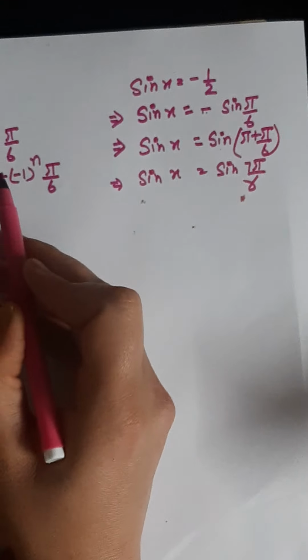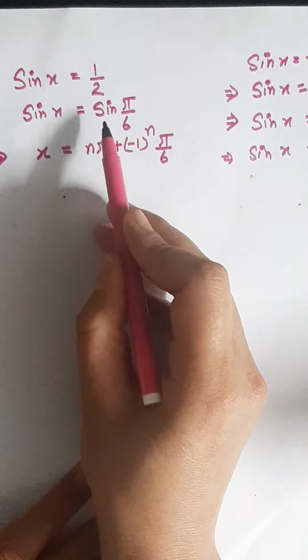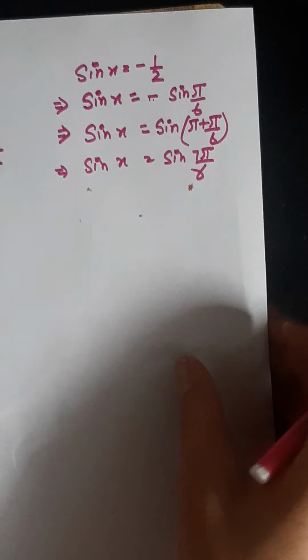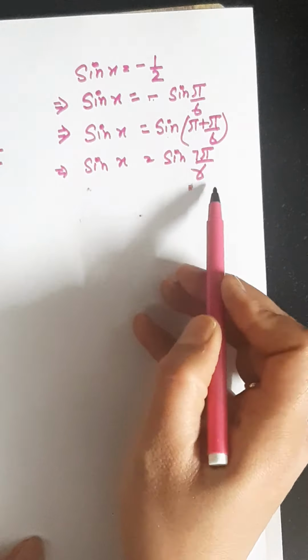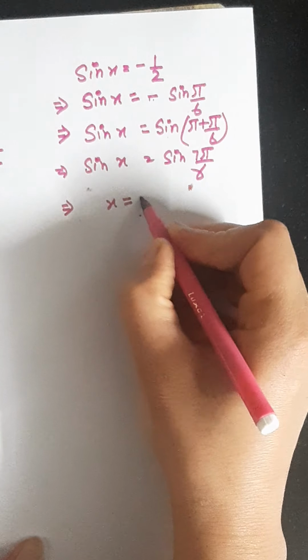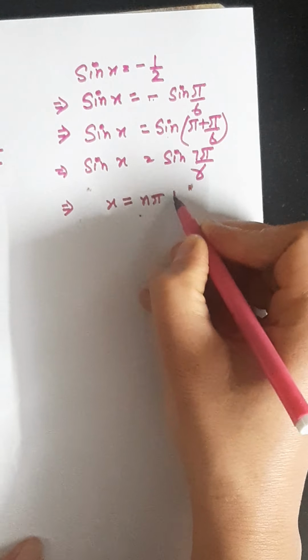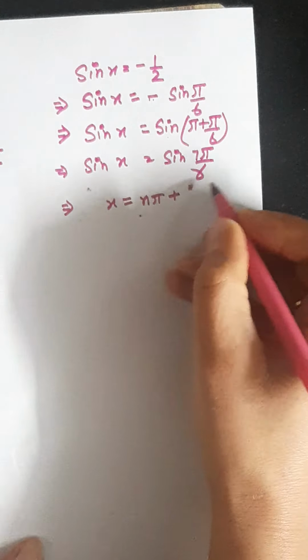Now we are at the same position as we were here. Sine x equals sine pi by 6, and here sine x equals sine 7 pi by 6. So which implies x not only equals 7 pi by 6, but x is equal to n pi plus minus 1 raised to power n and 7 pi by 6, the family of this. Okay, so this is how you should present it.